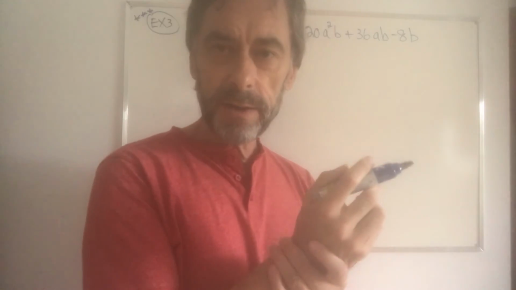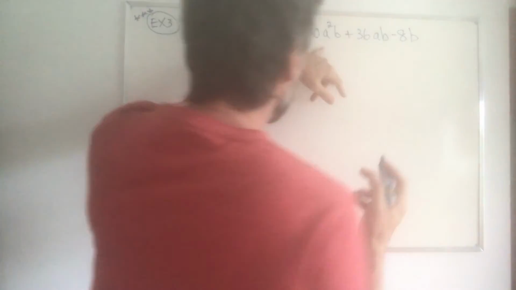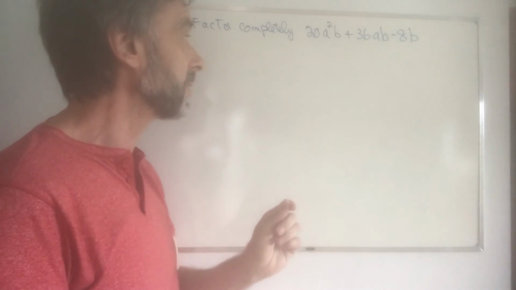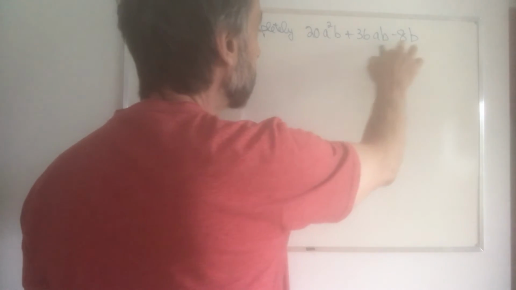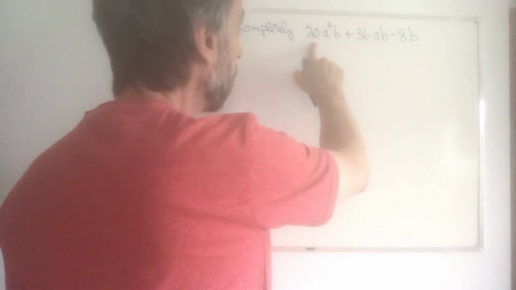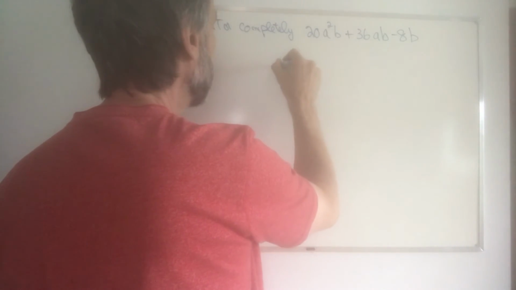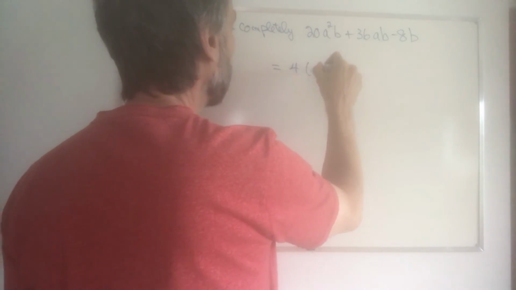So it's a trinomial. Can't seem to actually go right away into my strategy here. I think this requires a little bit of cleaning up before we're allowed to go on. Let's see, can we factor something that would happen to be common to all of these 3 terms? 20, 36, and 8. What goes into all of these? 4 goes into 20, 4 goes into 36, 4 goes into 8. Let me take out a 4.